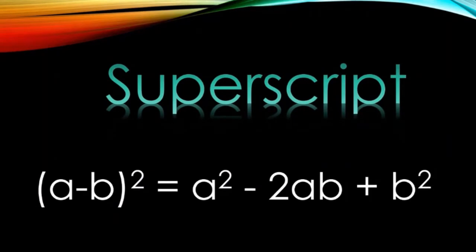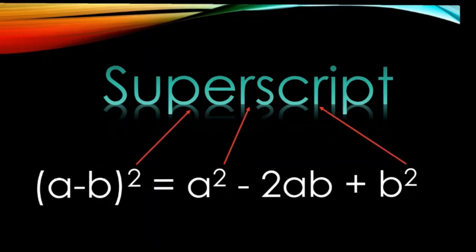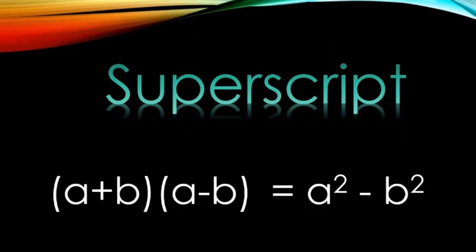Next formula: (a - b)², 2 is superscript. Similarly, a² minus 2ab plus b², 2 is superscript. The third formula is (a + b)(a - b) = a² - b², where 2 is superscript.